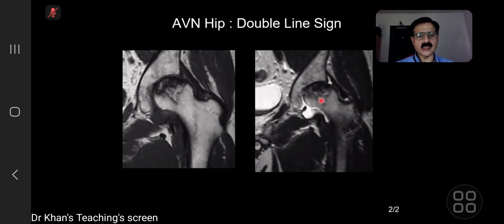Granulation tissue is the interface. In the area corresponding to this, variable intensities can be seen according to how much fatty marrow is there and things like that. But the definition of double line sign, as I've just told you, is the interface between normal and abnormal bone, and this is the granulation tissue.